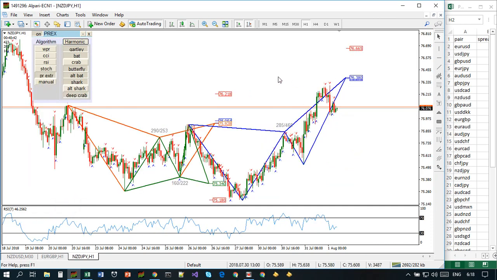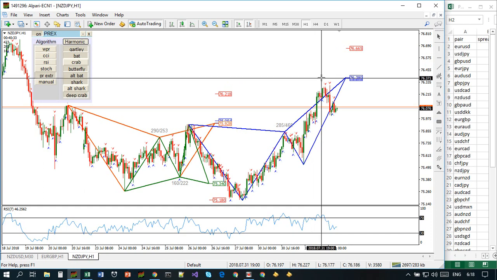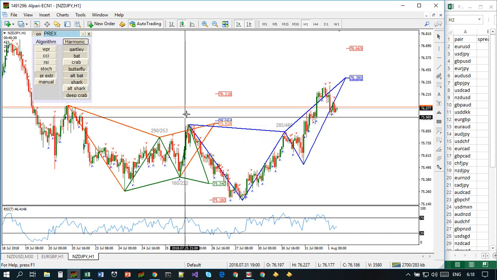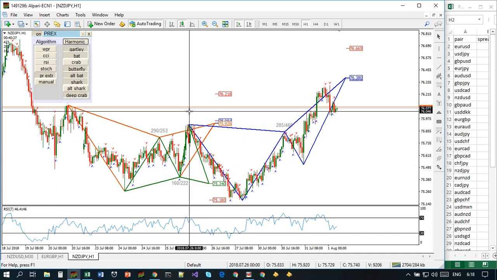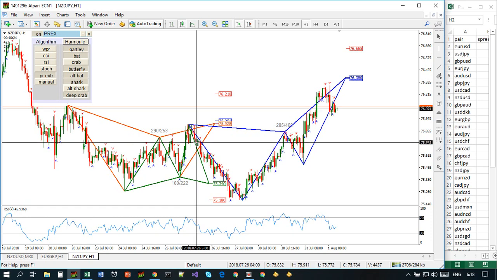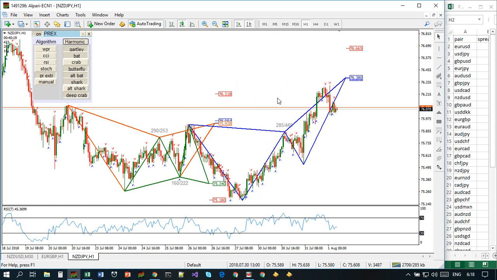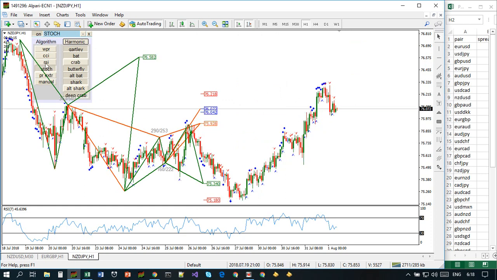And what we have is a potential crab pattern. Very good, very good. Potential crab with this very tight potential reversal zone. The X point of the crab is oversold and goes out from here this way, coinciding with the B point. Yes, it is a good crab pattern, and it should be seen by other algorithms.